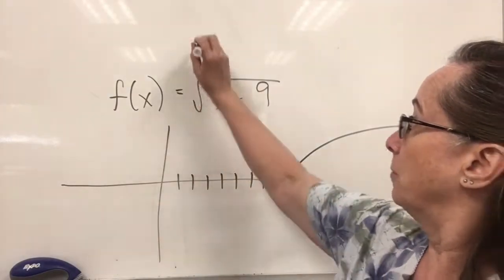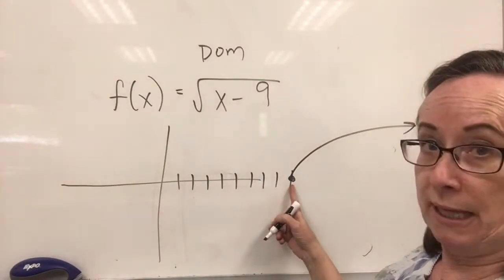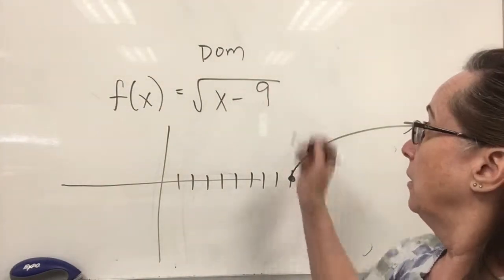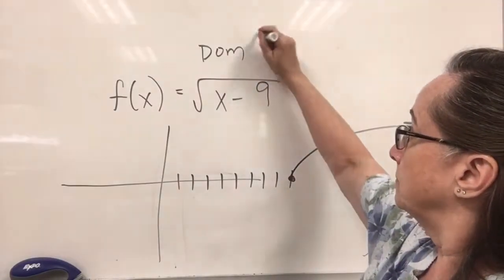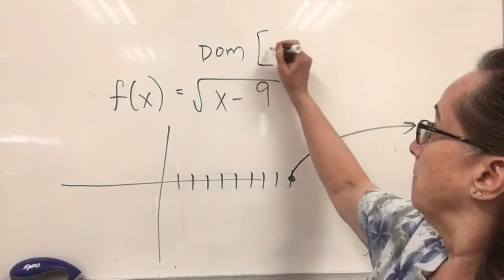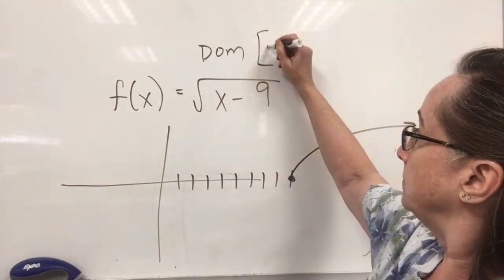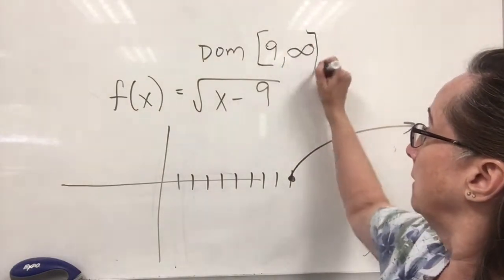And so the domain of the original function would be x can be greater than or equal to 9, which would be a bracket, because a 9 would make this 0, and that would be okay. So we've got 9 to positive infinity is the domain.